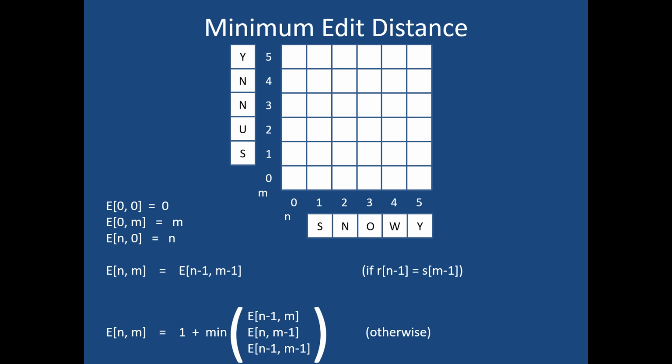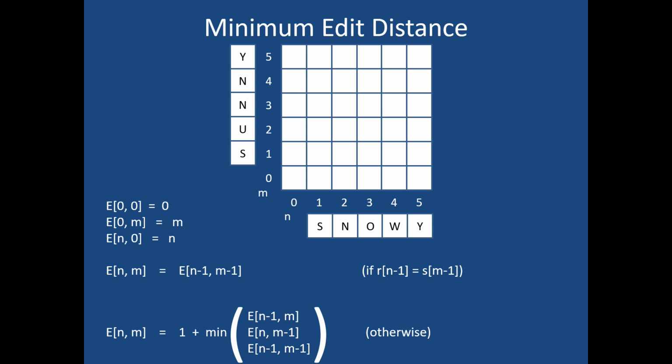And this is what we came up with: these base cases say what the number of edits is when one or the other of the strings is empty. And in these two recursive cases, this one applies when the last characters of the substring are equal, and the second one applies when they're not equal.